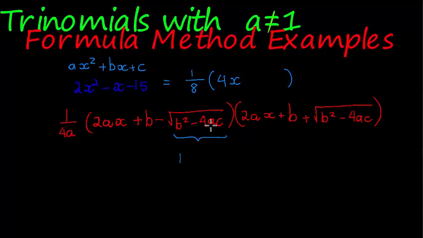Minus 4ac, so 4 times a, that's 4 times 2 is 8. And then 8 times 15 is, what's that? 4 times 15 is 60, so it's 120, but it's -15. So this -4ac becomes positive 120. And so the whole expression is 121.